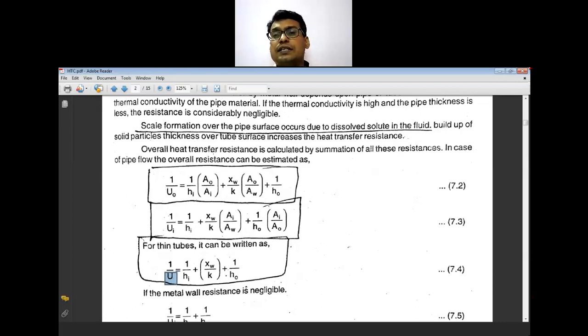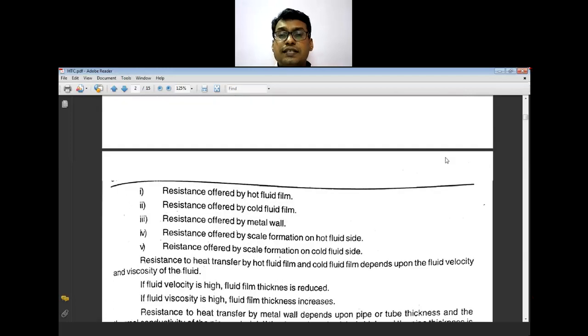This overall heat transfer resistance is calculated by the summation of all these resistances. So which are these resistances? The resistances offered by the hot fluid film, cold fluid film, metal wall, and the resistances because of scale formation.